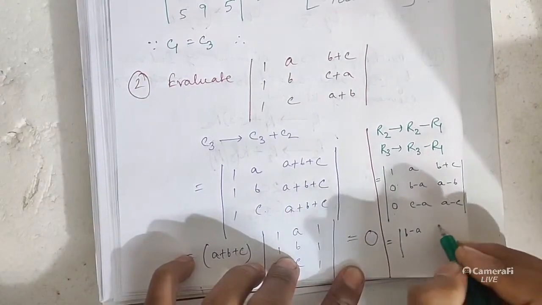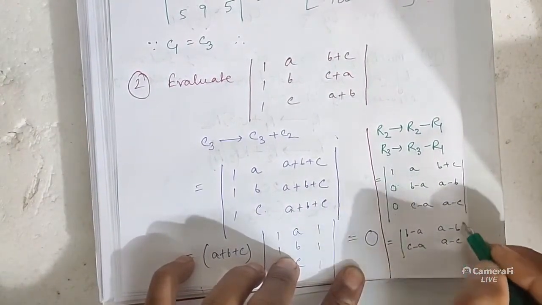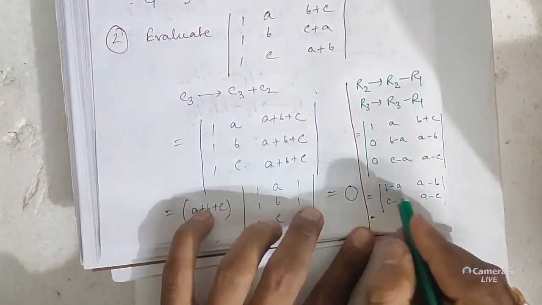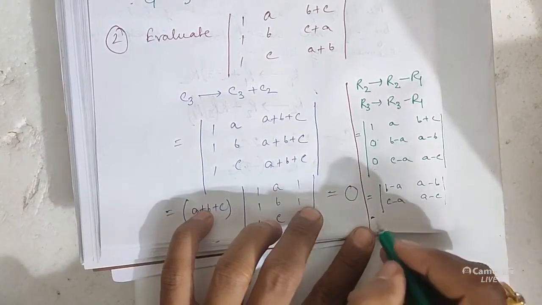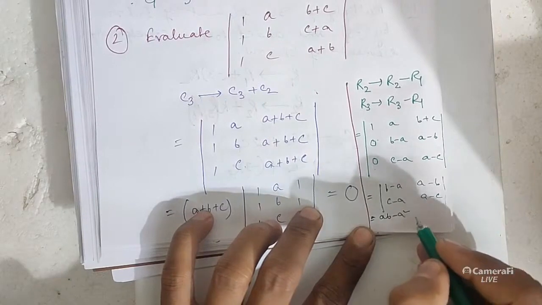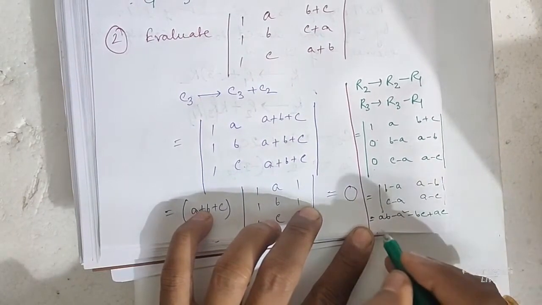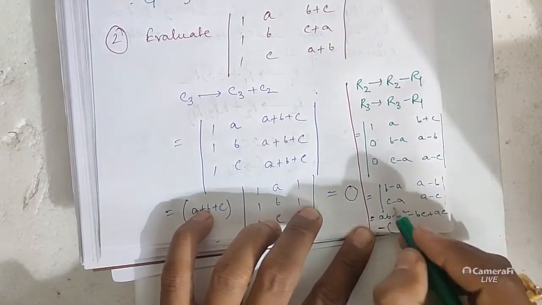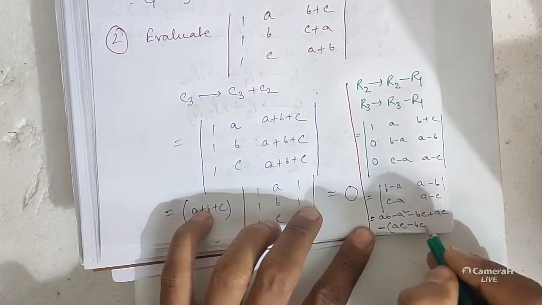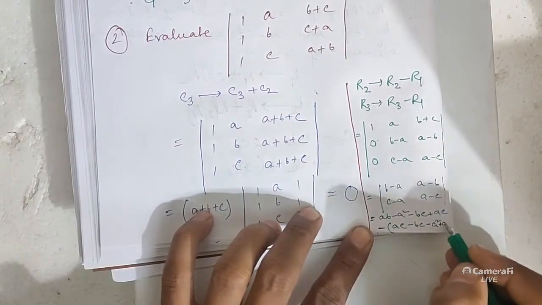B minus A, A minus B, C minus A, A minus C. And if you multiply it, B minus A into A minus C, that is AB minus A square minus BC plus AC, minus of this into this, that is AC minus BC minus A square plus AB.